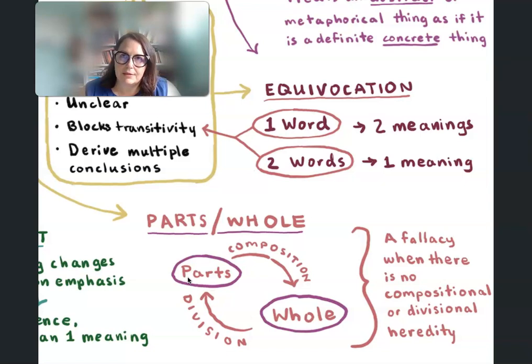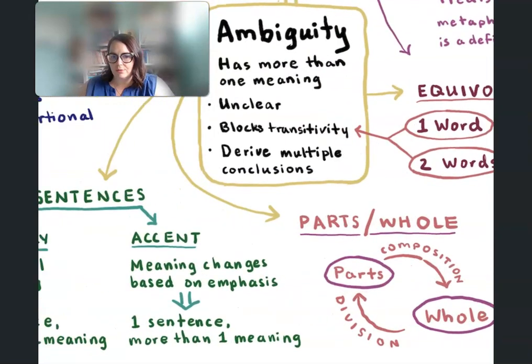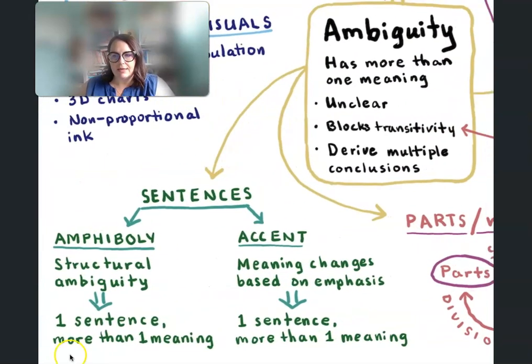So here we're not dealing with rules and special cases, which is what's going on with generalizations in later units, but just pay attention to that part-whole relationship. Are we talking about a part? Are we talking about a whole? And are we saying that they have the same property?